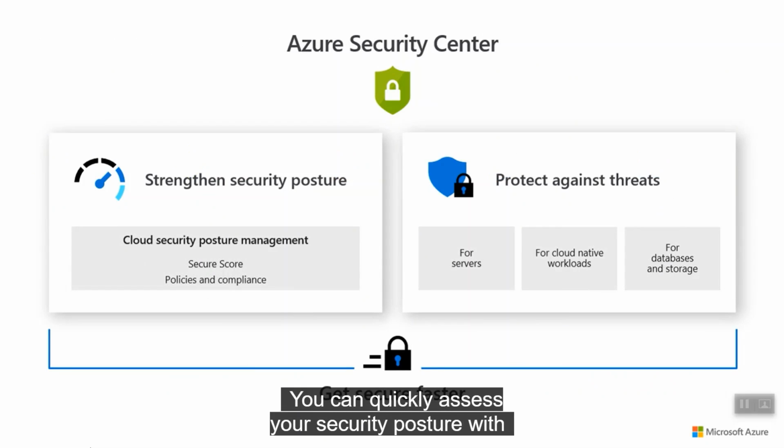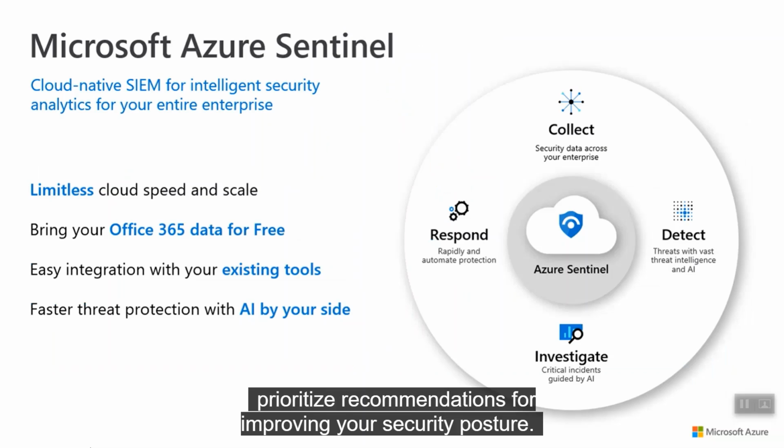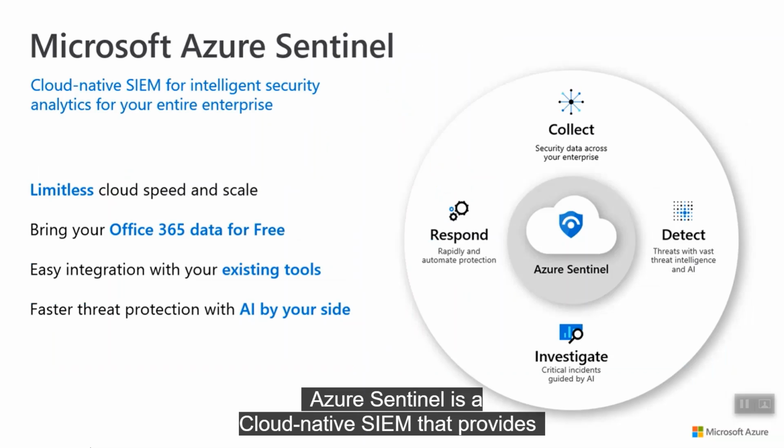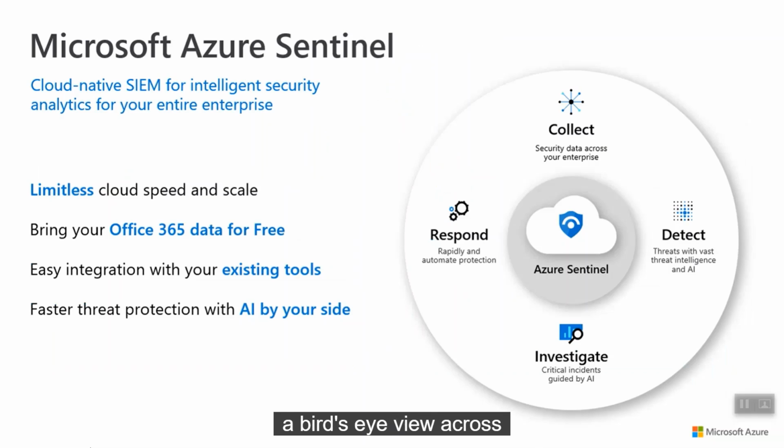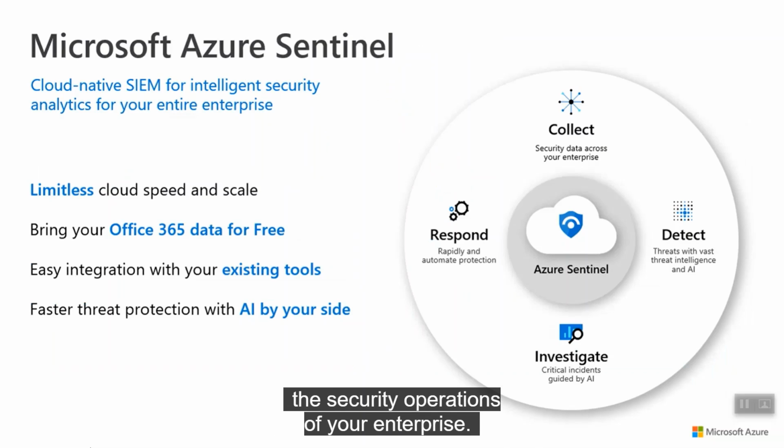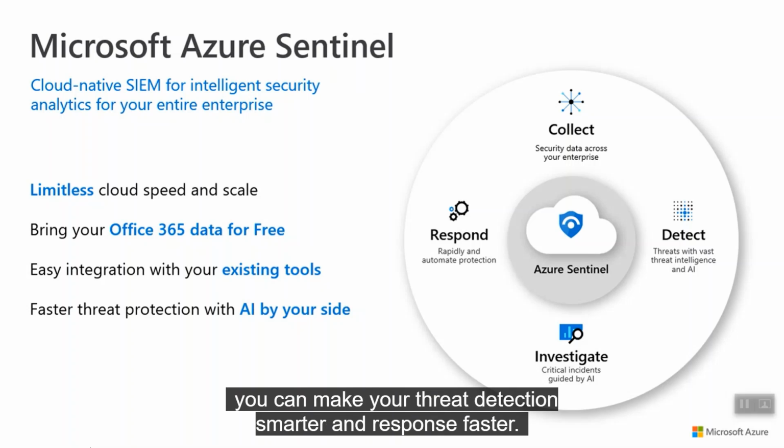You can quickly assess your security posture with the Azure Security Center Secure Score, which provides prioritized recommendations for improving your security posture. Azure Sentinel is a cloud-native SIEM that provides a bird's-eye view across the security operations of your enterprise. Using artificial intelligence in Azure Sentinel, you can make your threat detection smarter and response faster.